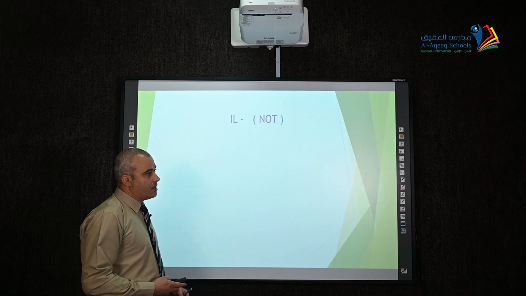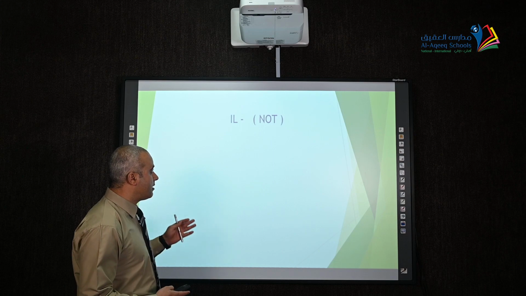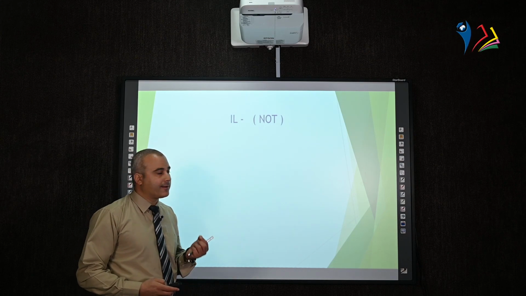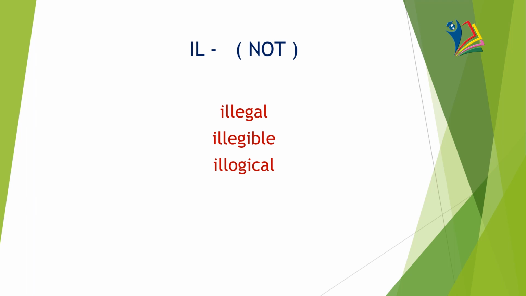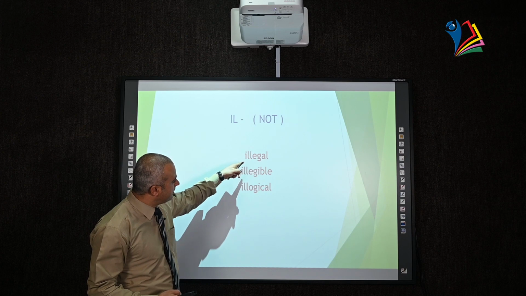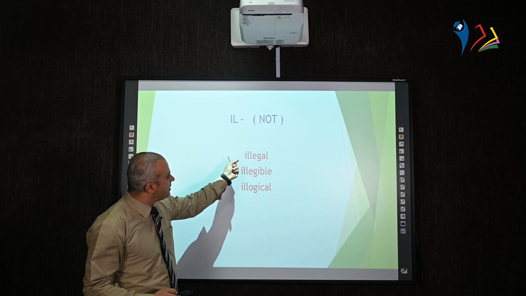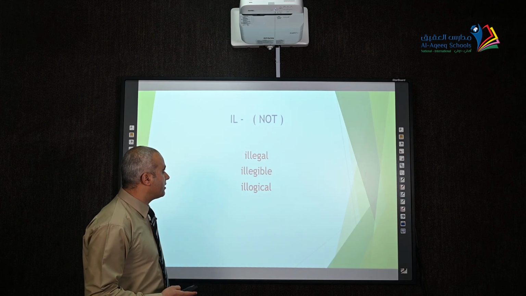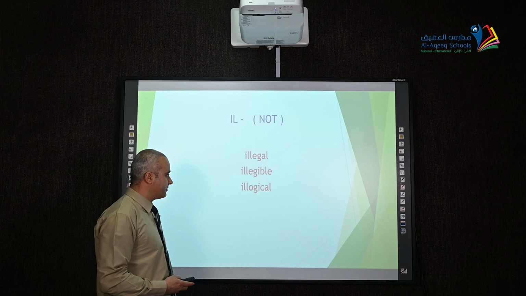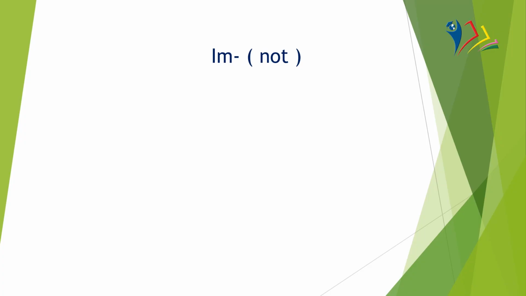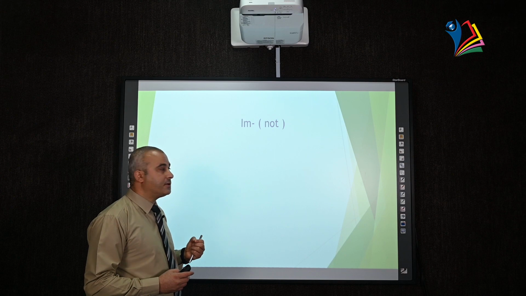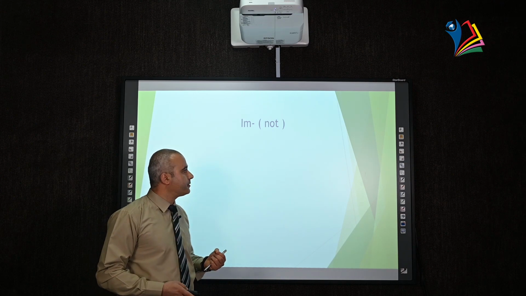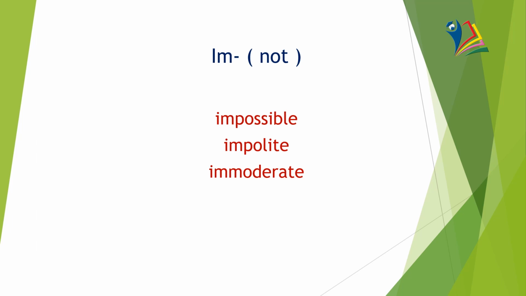Il means not. Most often the prefix il is used with a word root that begins with the letter L. Illegal, illegible, illogical. These word roots, legal, legible, logical, begin with the letter L. Im: most often we use the prefix im with a word root that begins with the letter M or P. Impossible, impolite, immoderate.